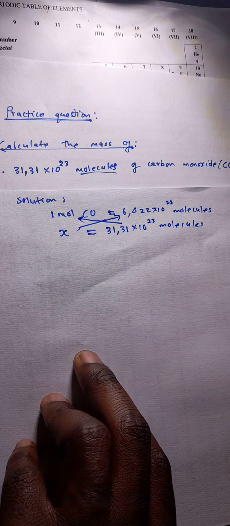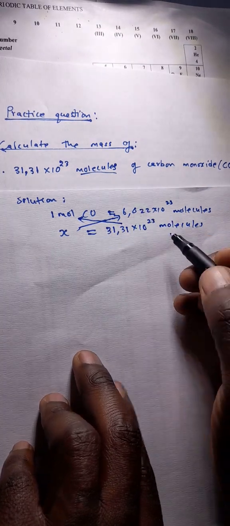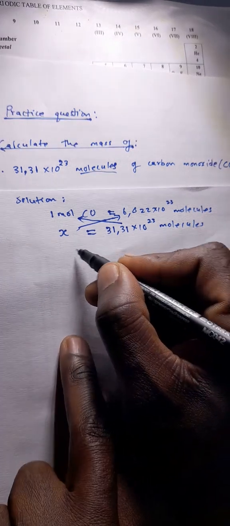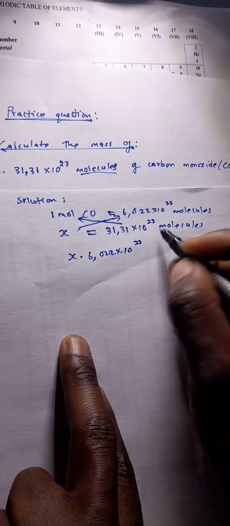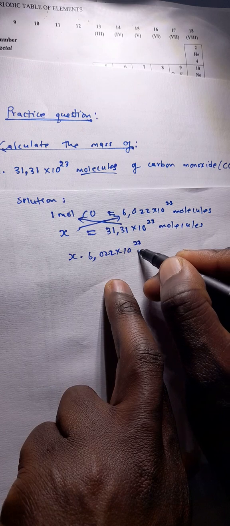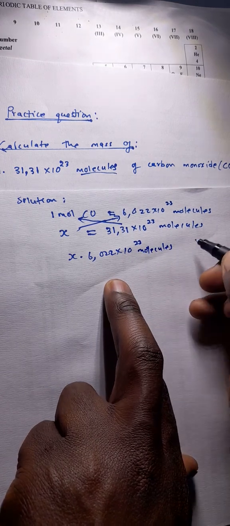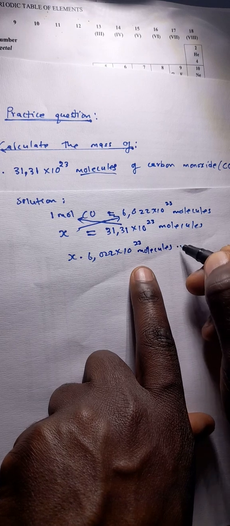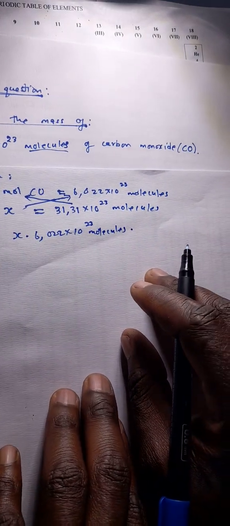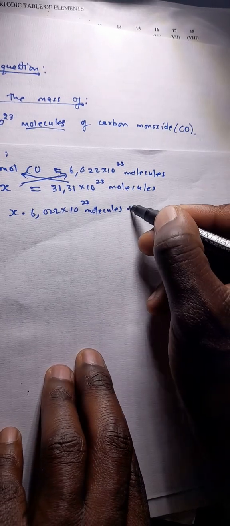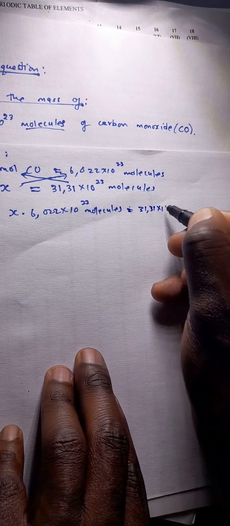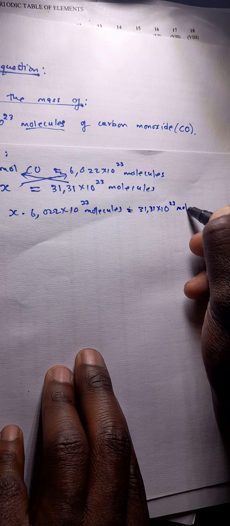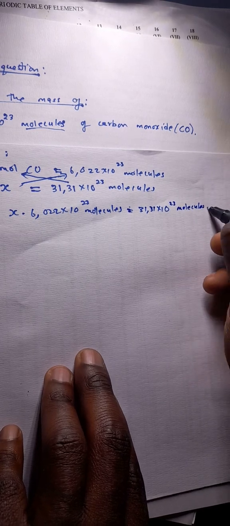You cross multiply, and you are going to have x times 6.022 times 10 to the power of 23 molecules, equal to 31.31 times 10 to exponent 23 molecules times 1 mole.